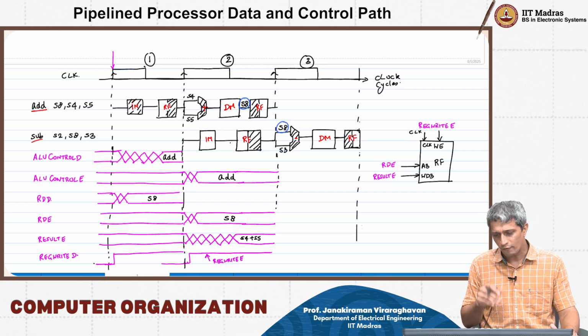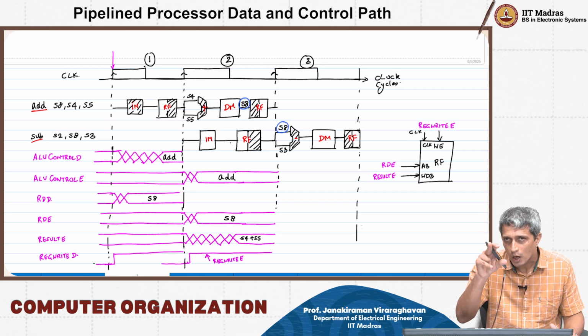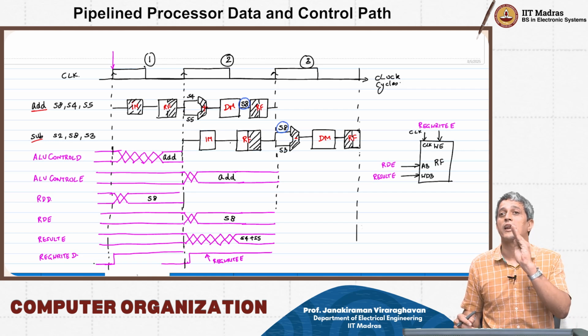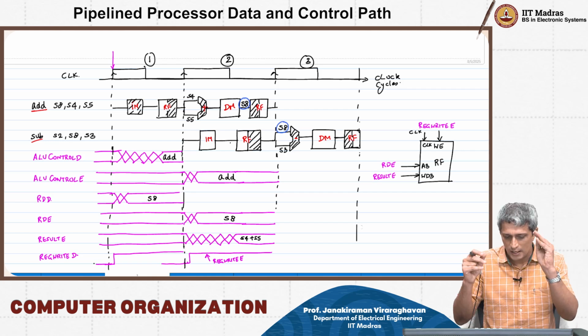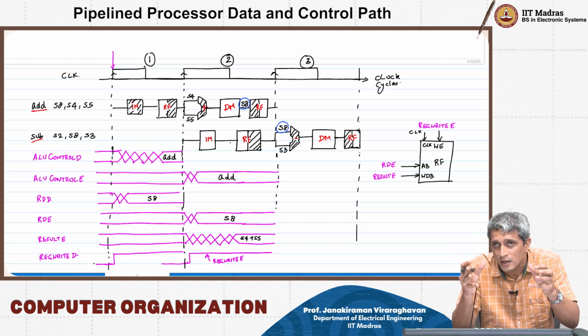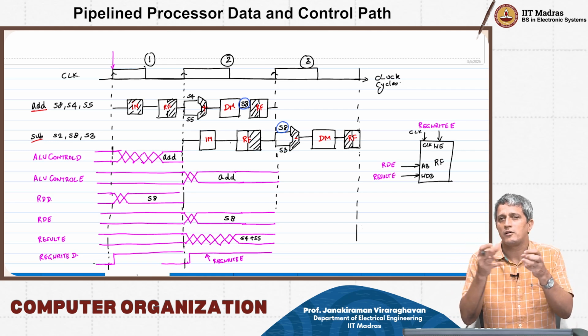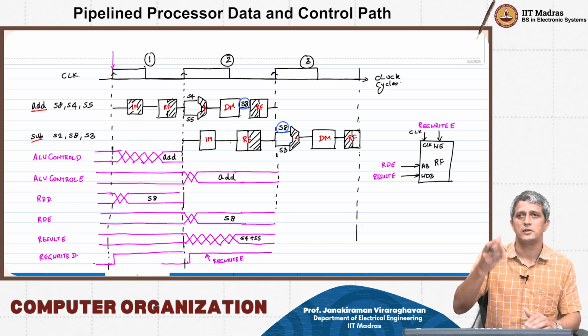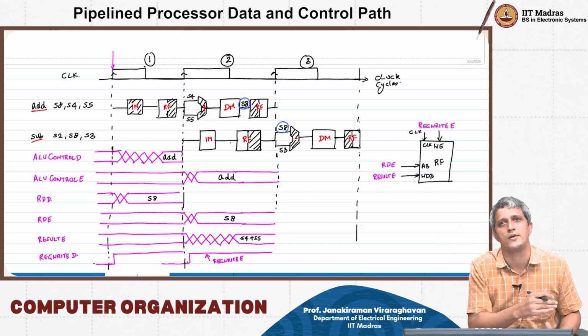So therefore, when the clock goes high, the register data will get written with the contents of S4 plus S5. So the register S8 will have junk data, I don't know what it has, until the point the third clock edge actually arrives.